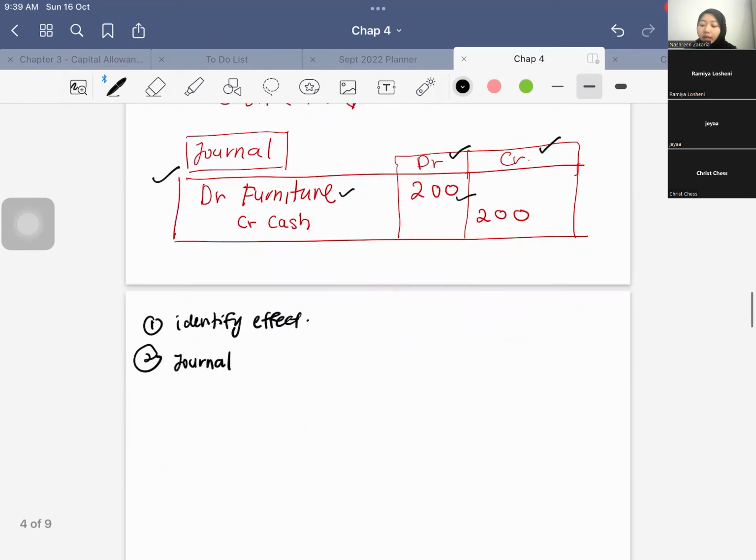After you prepare your journal, you need to post whatever accounts are in this journal to your T account or ledger. And after that, then we open the trial balance.